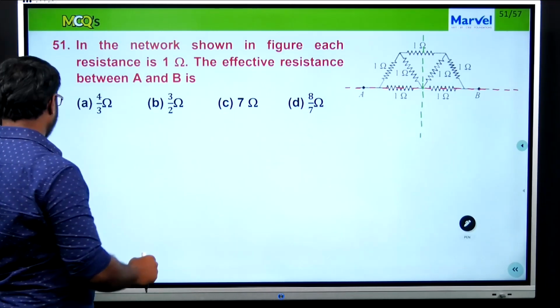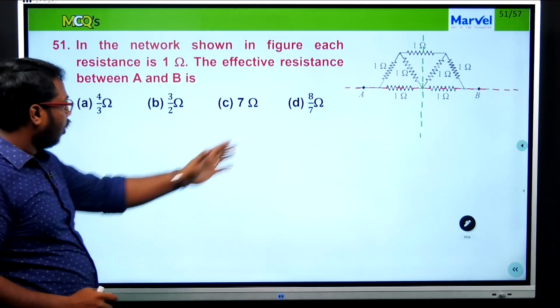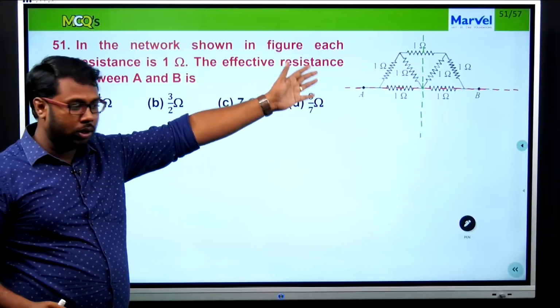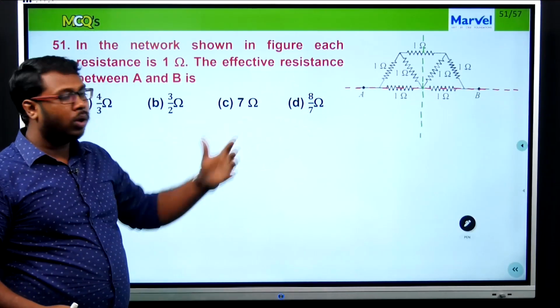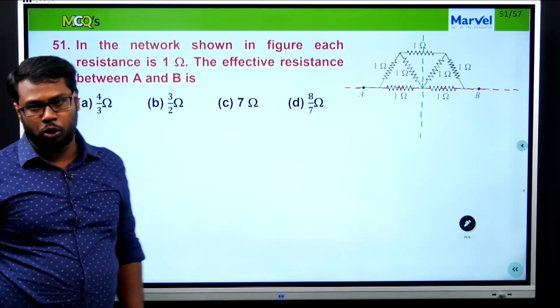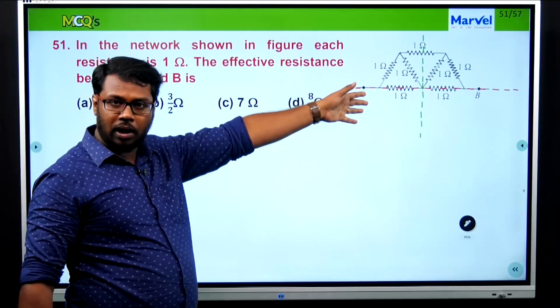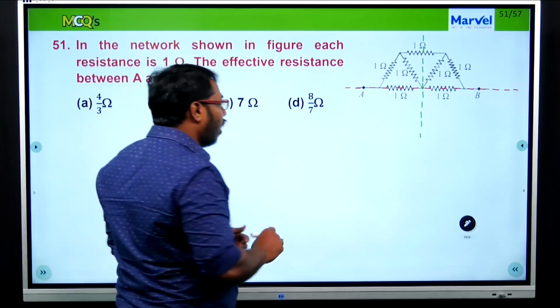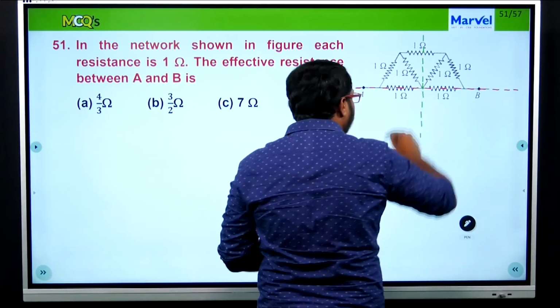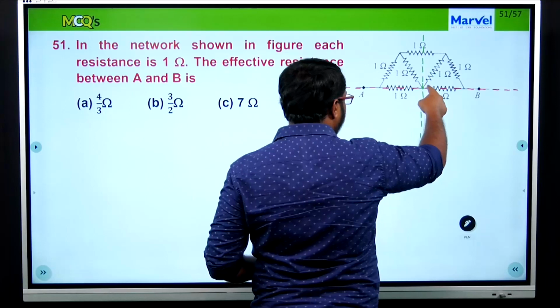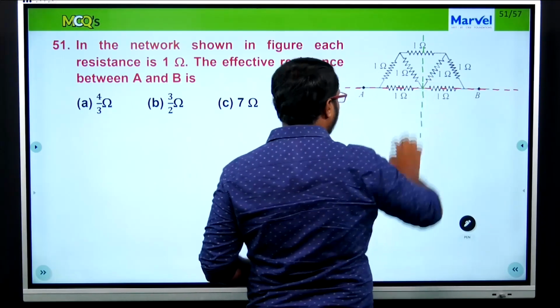And then you please stand back and watch. If you find that your circuit is symmetrical, then you can apply the trick that I am going to teach you. If you find that your circuit is symmetrical, then you have the liberty to release this junction.